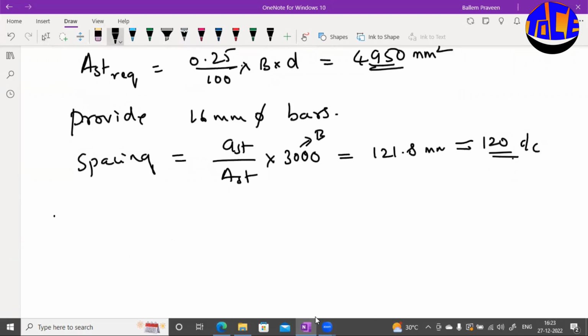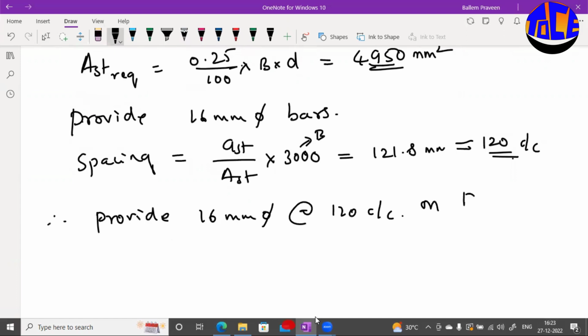So at the end, my total reinforcement will be 16 mm dia at the rate of 120 center to center on both the sides. This is my AST. Okay, so at the end, we have provided the steel, the depth, as well as the area of the footing.